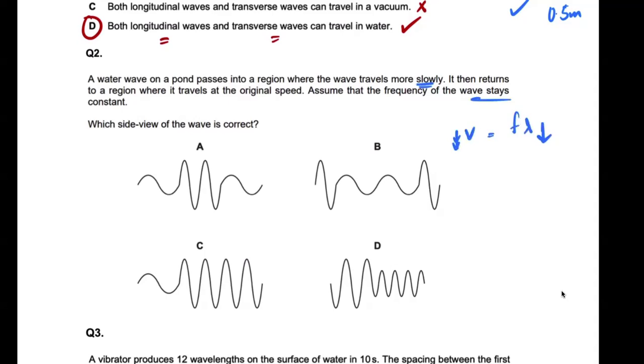If you're looking at a side view or a picture of a wave, that tells you the wavelength if you look at the peak to peak distance. Here there is some peak to peak distance, then it decreases. I can also look at the wavelength in terms of the start and the end of the wave. This is smaller as compared to that, and then it increases again. This is correct. All right.